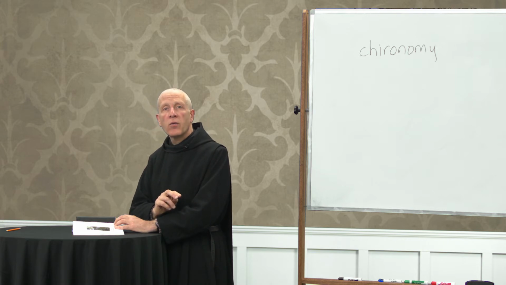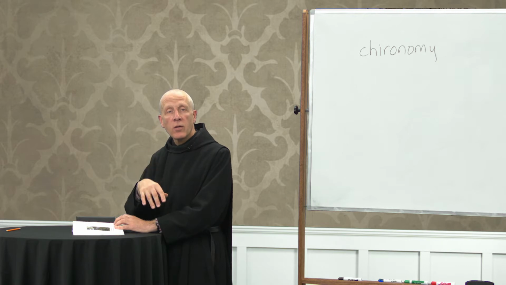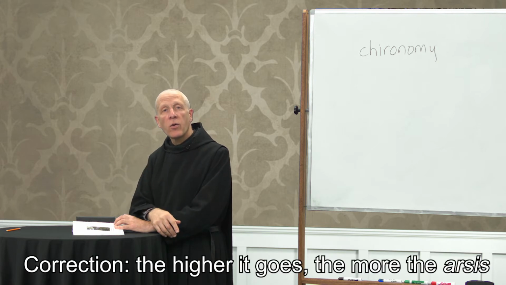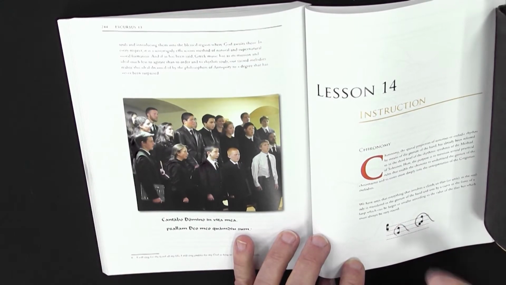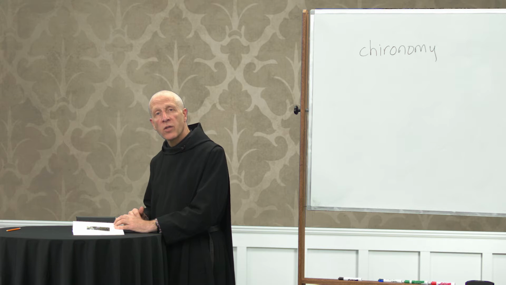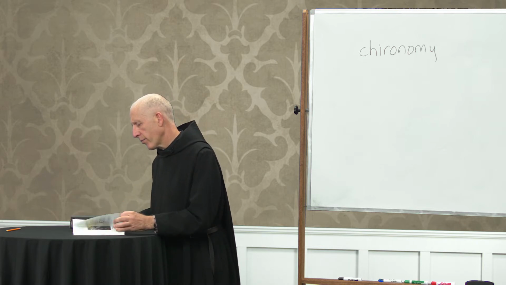Moreover, the more it goes up, the faster it goes up, the higher it goes, the more the thesis. Look at the difference there between the little loop here and more of a loop. Of course, it's not a giant difference, but you wouldn't expect a giant difference in something like Gregorian chant. Everything is in nuances in this kind of music.